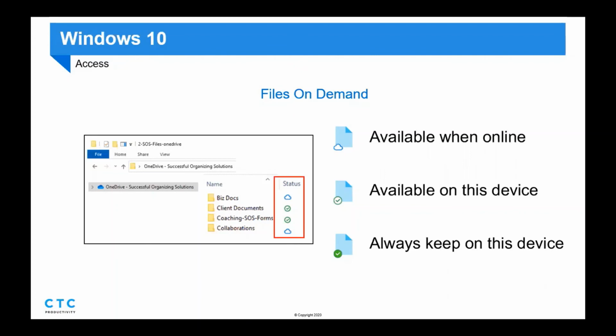But if I don't access it, and I think Microsoft has this on a 30-day, but it might be a 90-day, if I do not access that file within this period of time, Microsoft says, hey, we're going to free up some space on your hard drive and we're going to send that back to the cloud, but we'll still show you that that document exists, but it'll change from the green check mark in the white dot to the cloud icon again. So Microsoft is always, when it's doing this sync, saying you haven't accessed these, we're going to send them back to the cloud until you need them again.